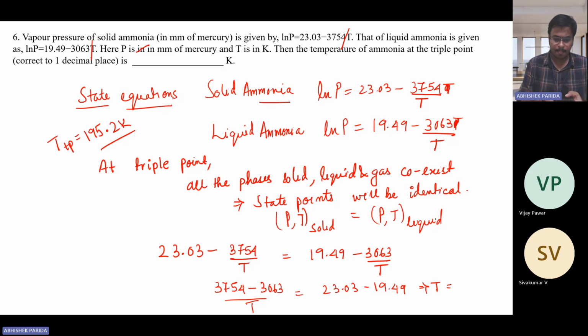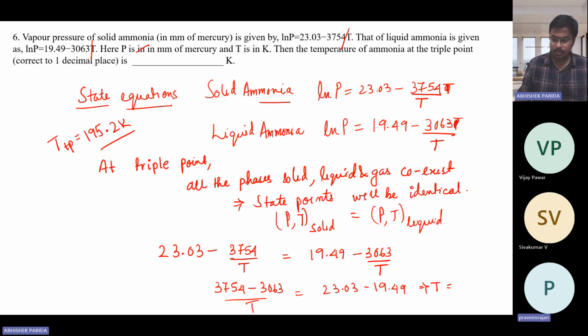T is equal to 195.19 Kelvin. Okay. And yeah, so you are correct. So it is 195.19 Kelvin.